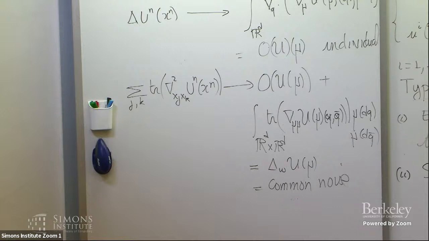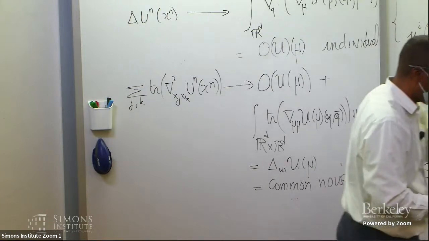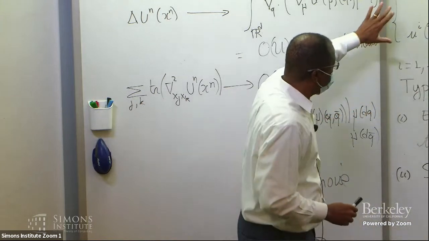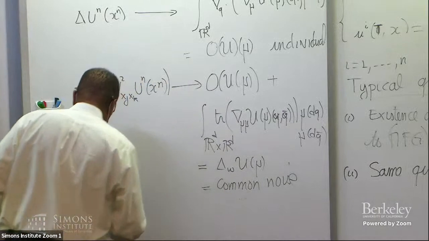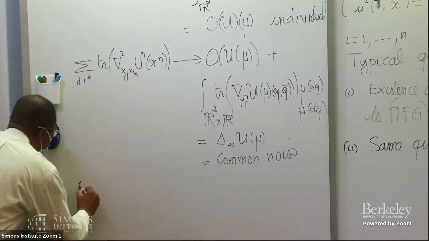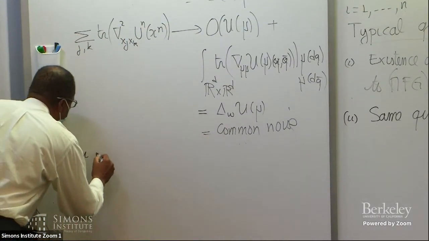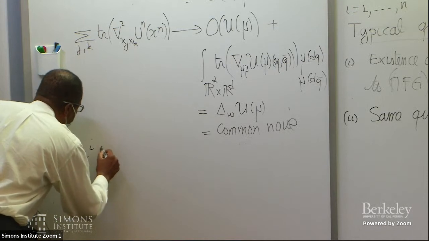Now, when we let n go to infinity, we'll be looking for a particular solution U such that U_i of x is of a special form.